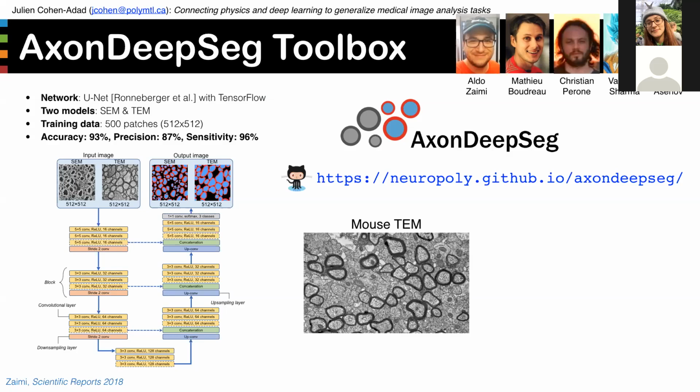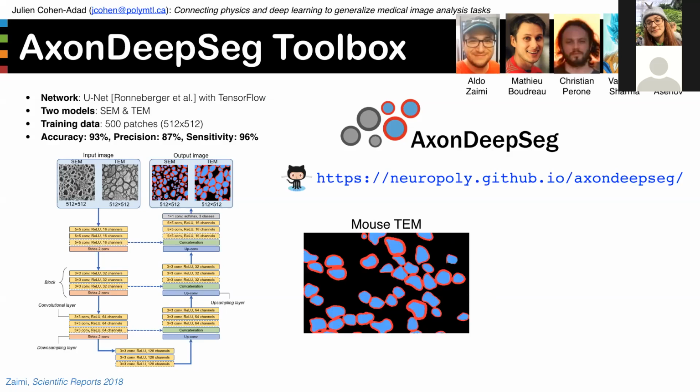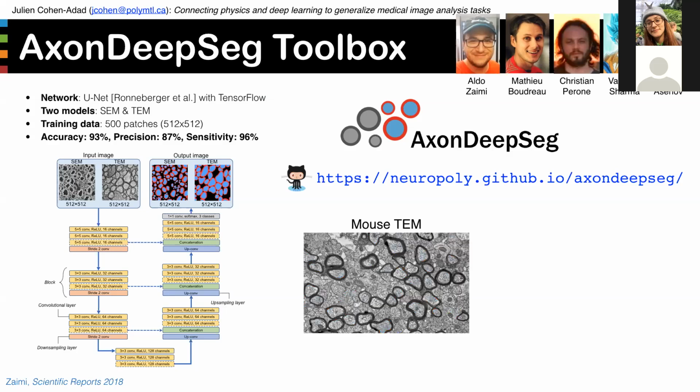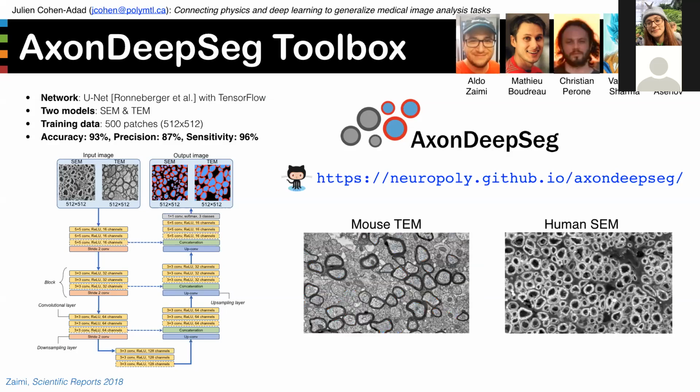And here I'm just showing you some examples of ground truth in grayscale and the prediction, the inference that AxonDeepSeg gives you. In blue you have the axon, and in red it's the myelin surrounding the axon. So it works for mouse transmission EM, human scanning EM.